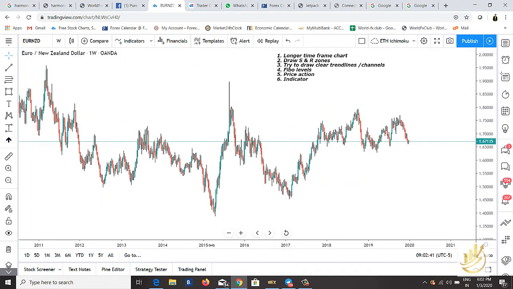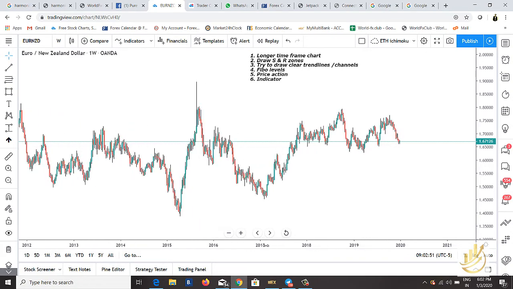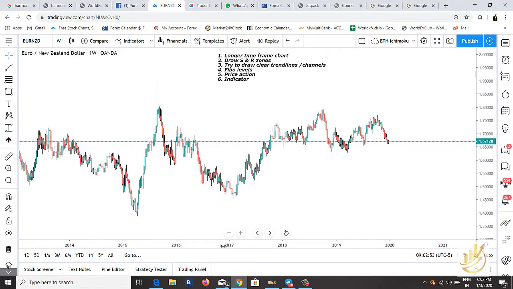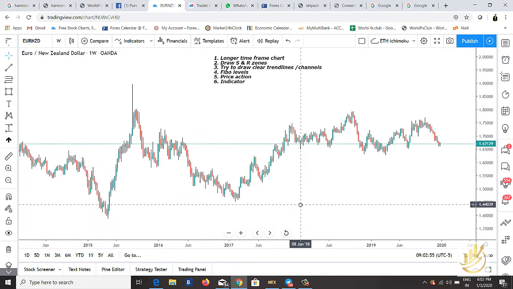Try to draw support and resistance zones. So how do you draw a support and resistance zone? This is a weekly chart, so I'll zoom in.